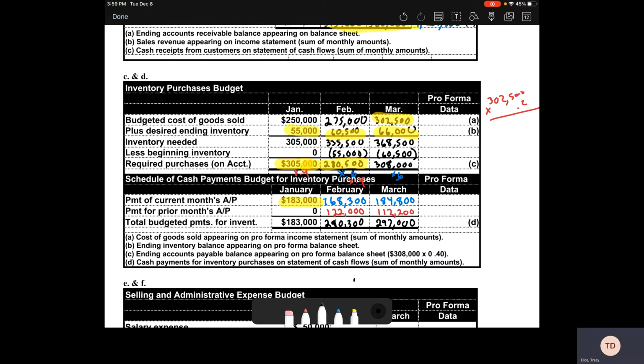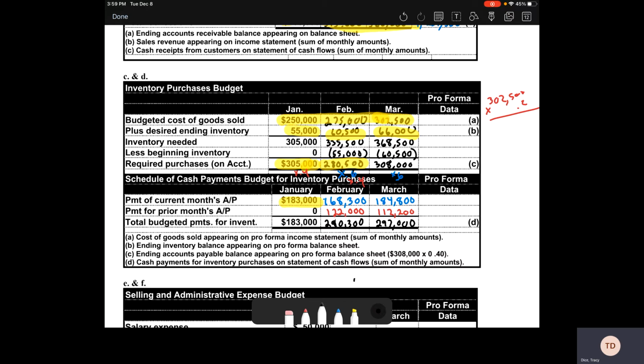Then we've got to figure out our pro forma data. So what we first need to look at is on the income statement, we're going to need our total cost of goods sold. So we're going to have to add up all of those together. So 250 plus 275 plus 302.5.